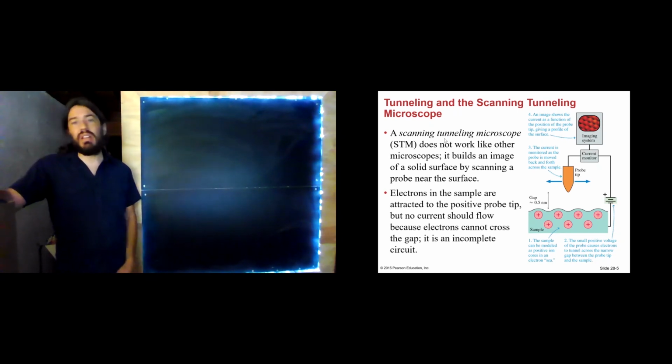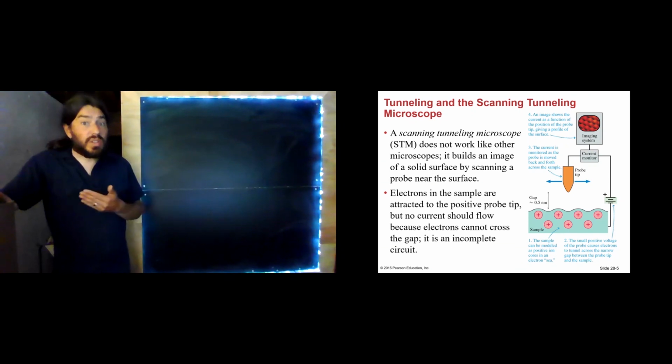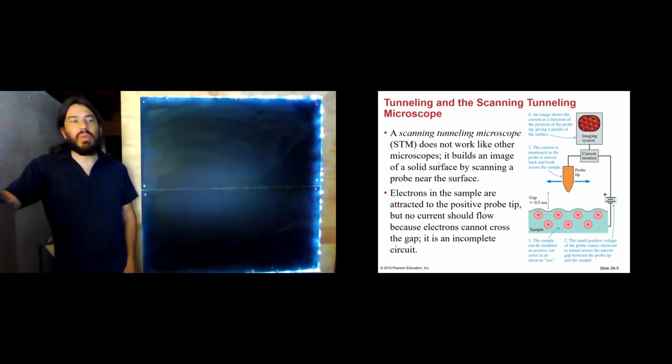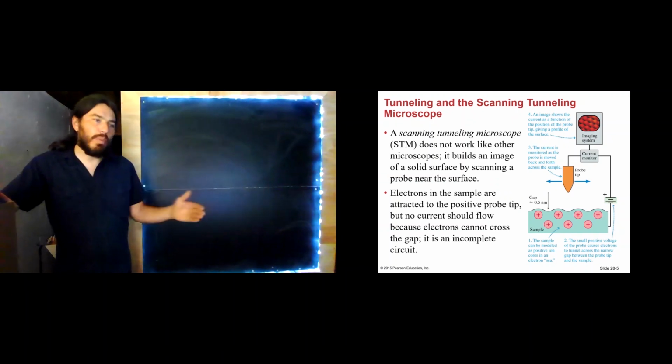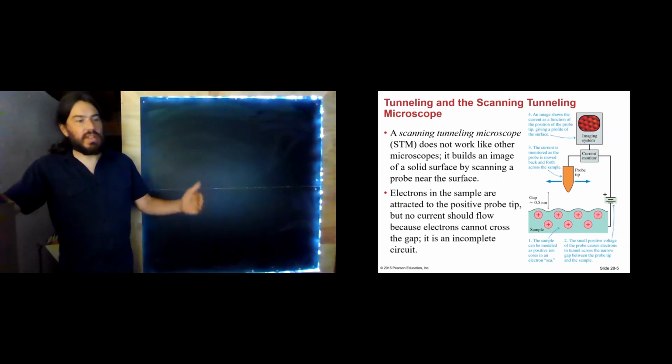In fact, a scanning tunneling microscope, you probably don't have one in your house, but this is fairly common technology these days. And this uses the idea of the Heisenberg uncertainty principle. A scanning tunneling microscope doesn't work like other microscopes, but it builds up an image of a solid surface by scanning a probe near that surface. And then that probe can tell how far away the surface is.